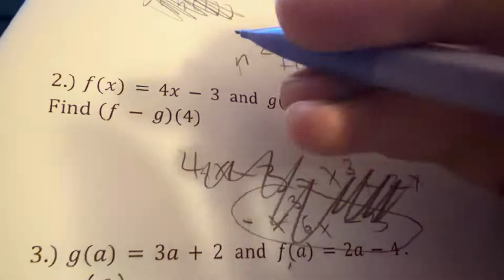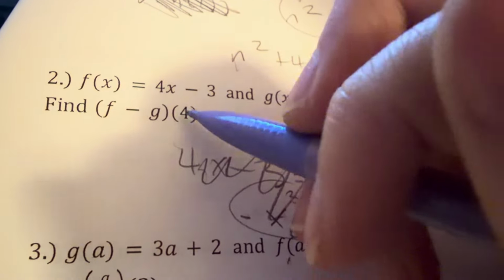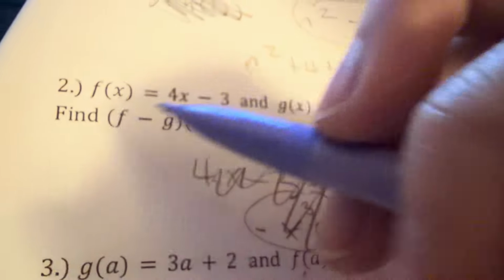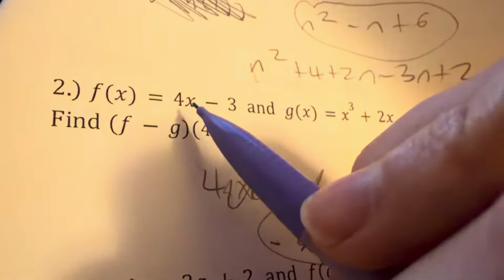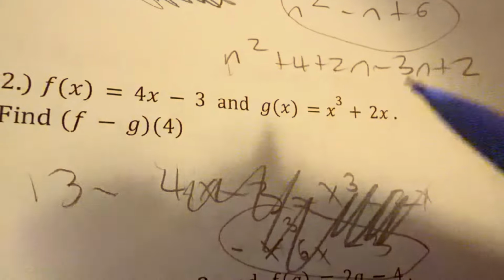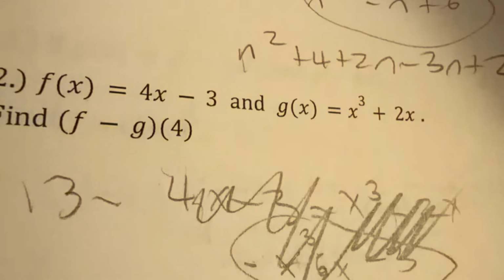So, input, because this is the x, and put that there, and put that there. So then that would be 16 minus 3, which is 13, minus 4 cubed plus 2 times 4.